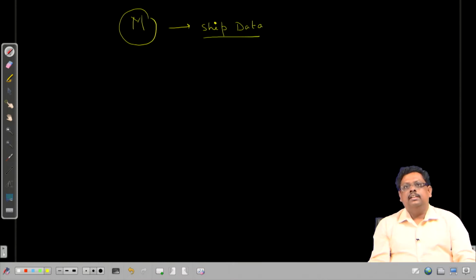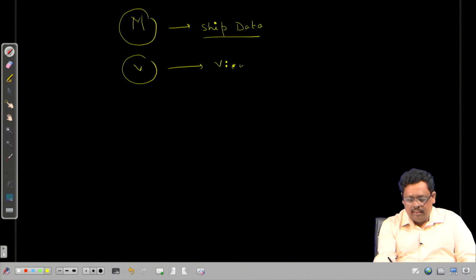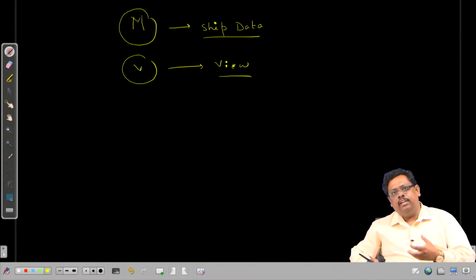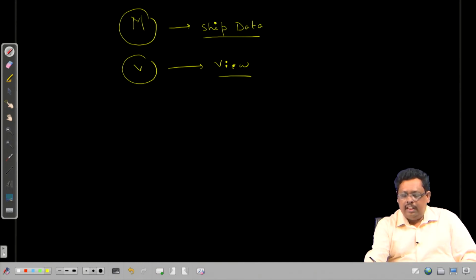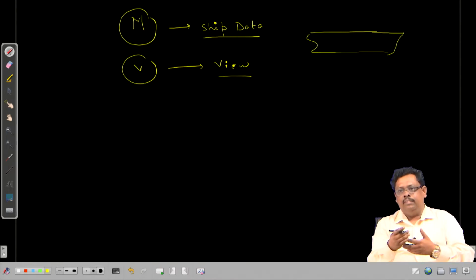Then there is how I can view the result. There are many ways to view our result. Somebody wants a graphical way: I give the ship data and the whole ship appears in front of me.